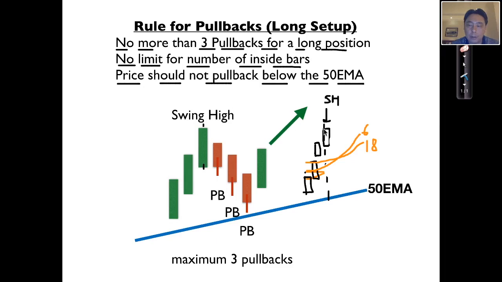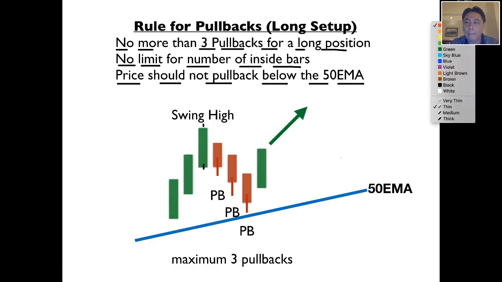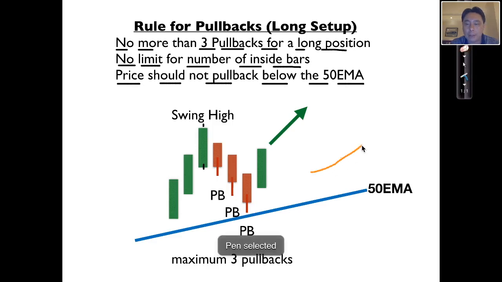And let's say this is the swing high candle, like that. It's a swing high candle. Okay, good. So let's look at another example. So in this case, this is not the best drawing. Let me redraw it again. All right, so 6 crossing above the 18.